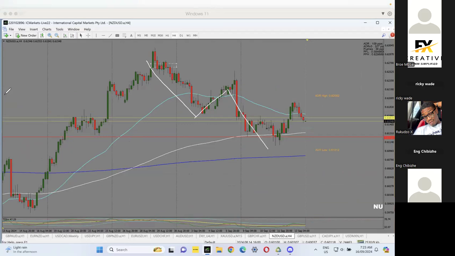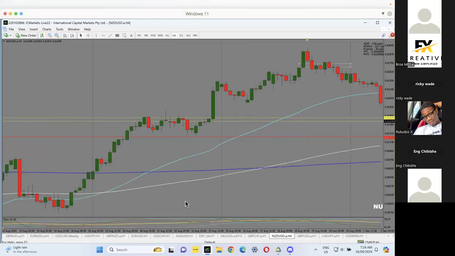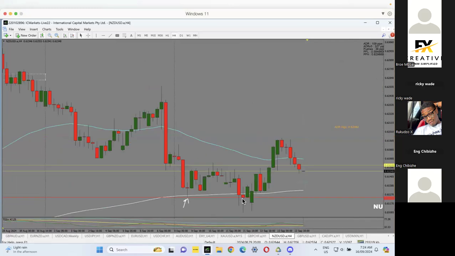Now, notice how where I marked my law right here, the law of the peak, not a single candle closed below that low on the 4-hour. Don't mind this candle because this is the market open candle. This one right here, let me show you from the H1, the market open candle.